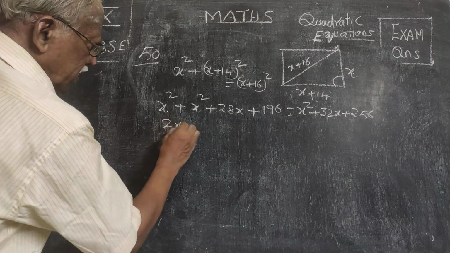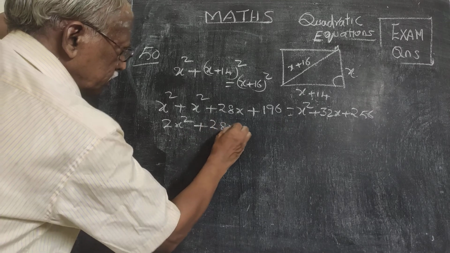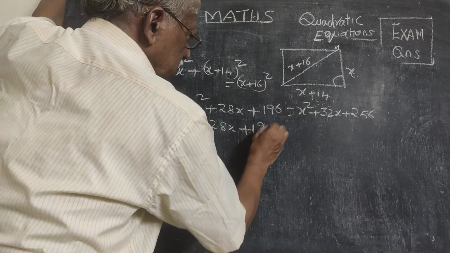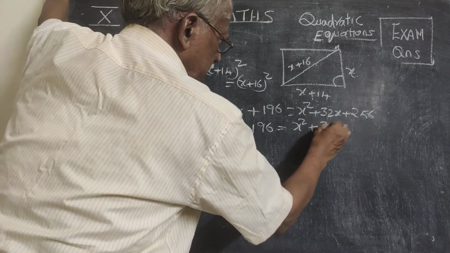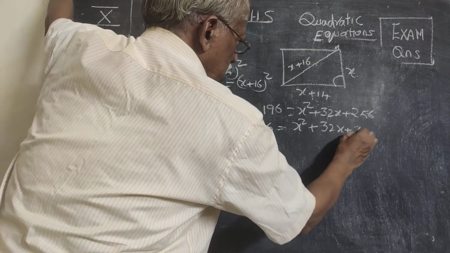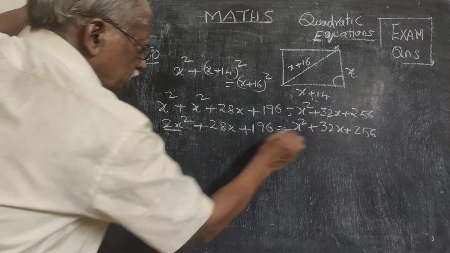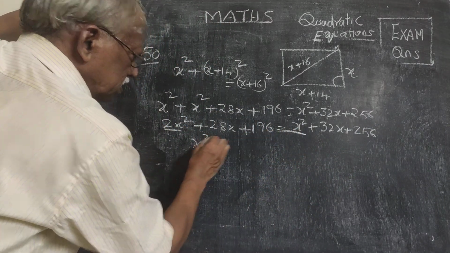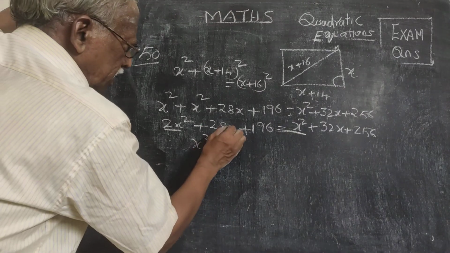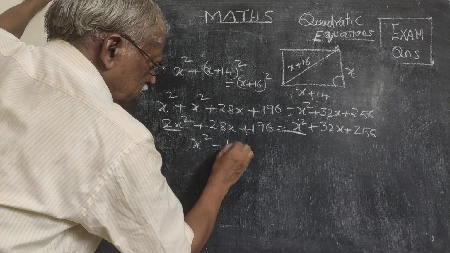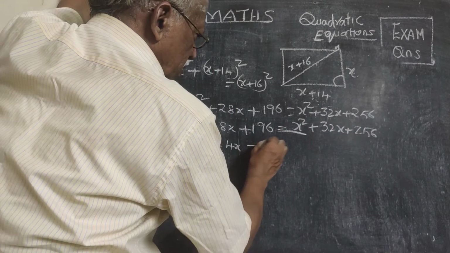So 2x square plus 28x plus 196 equal to this side x square plus 32x plus 256. Taking everything to one side, here is 2x square and this is x square, therefore the result is 2x square minus x square, and 28x minus 32x, so minus 4x, 196 minus 256, so minus 60.